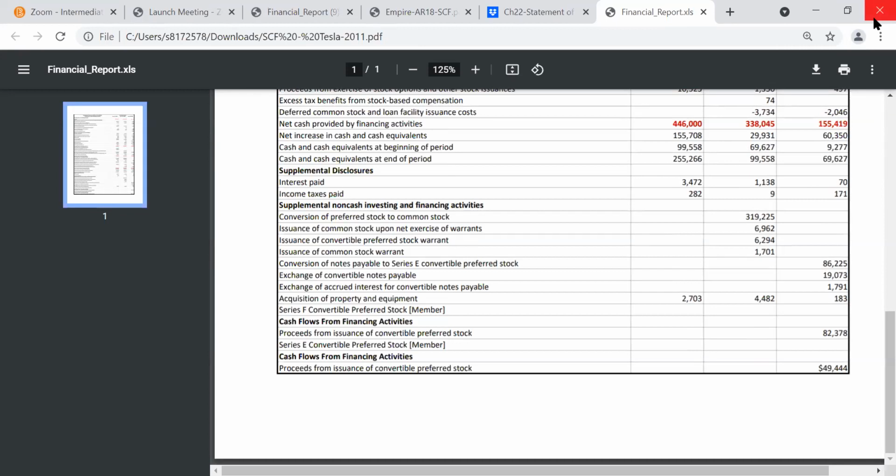So for instance, if the main use of cash is investing activity, you should supplement that with what investment the company made, because investment in financial securities versus investment in capital assets are different and have different implications. So you do need to say that, right?